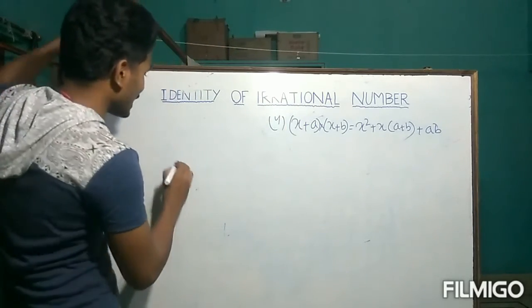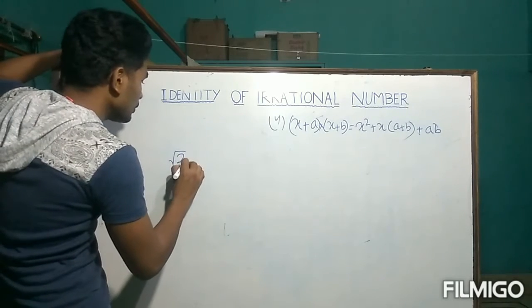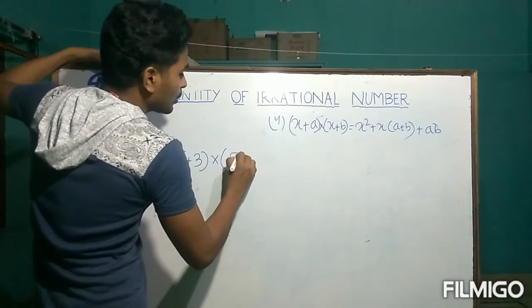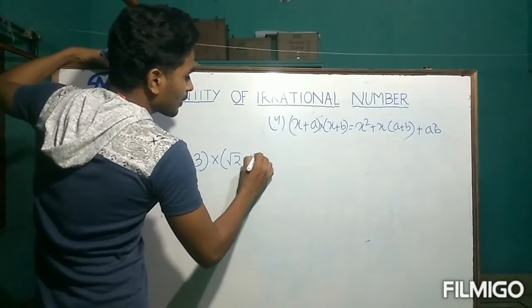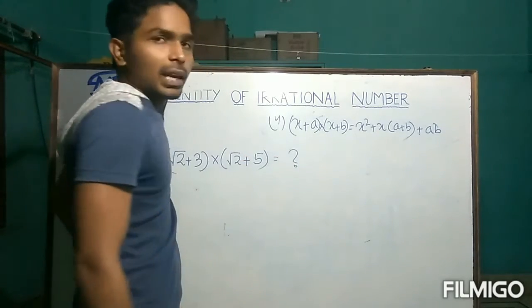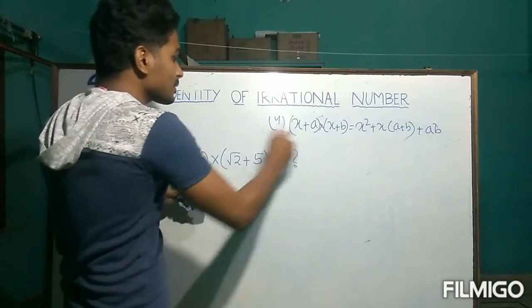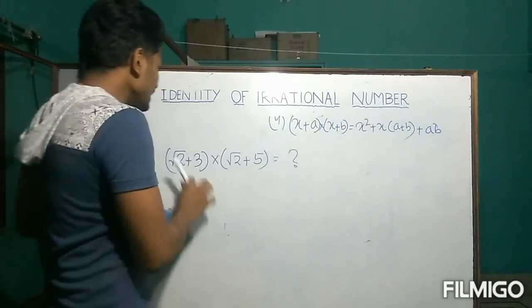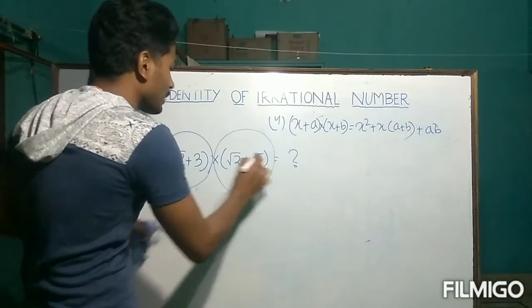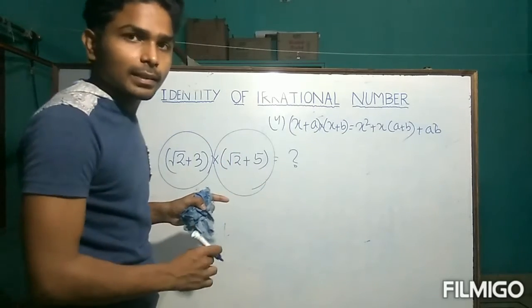Suppose we have the question (root 2 plus 3) whole into (root 2 plus 5). We have to find out its value. Let's compare these two expressions. In this expression, we have two terms, this is the first term, this is the second term, and they are being multiplied.